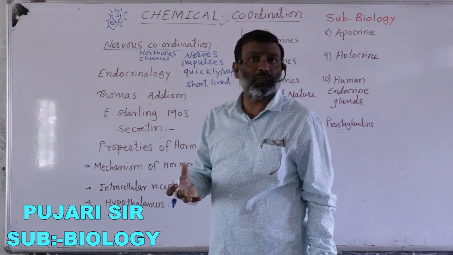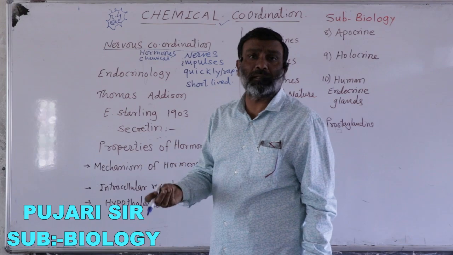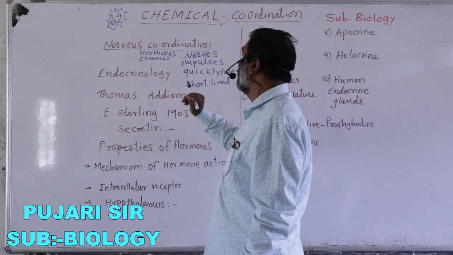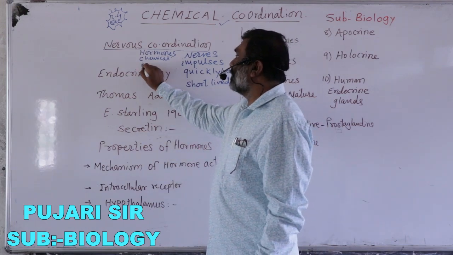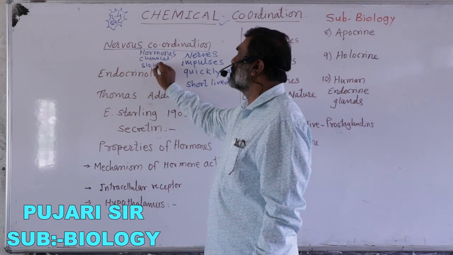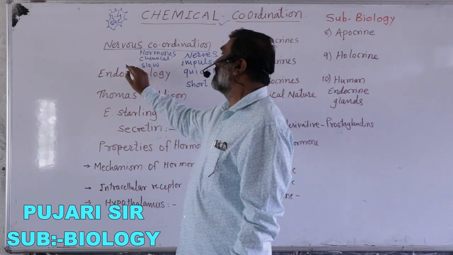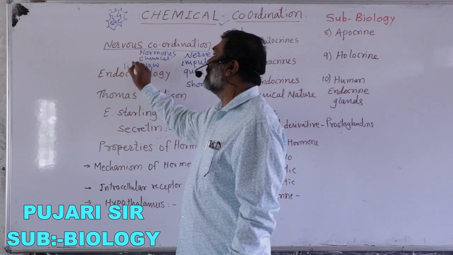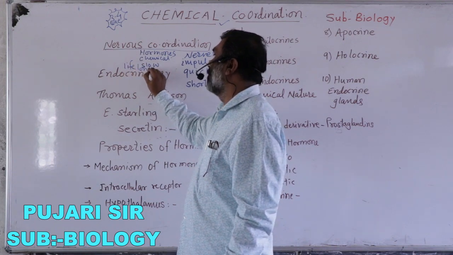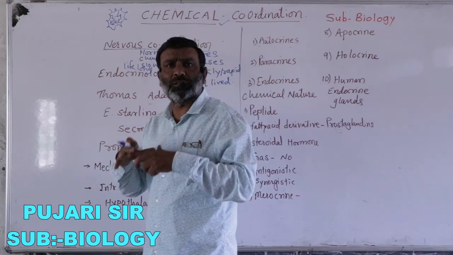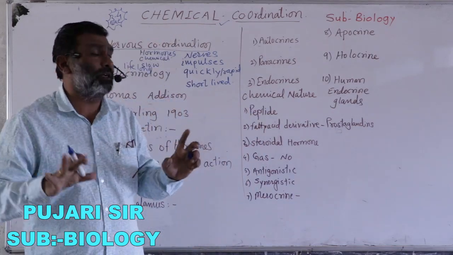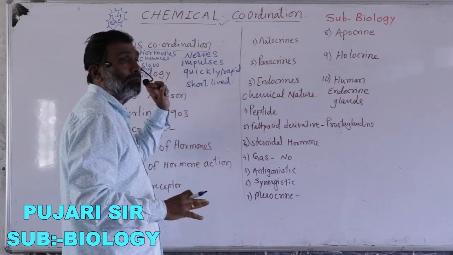They may be protein, steroid, fatty acid derivative or any other. Their coordination is very slow, but their effect is permanent, or it may be called lifelong. It remains till the complete life of the person.